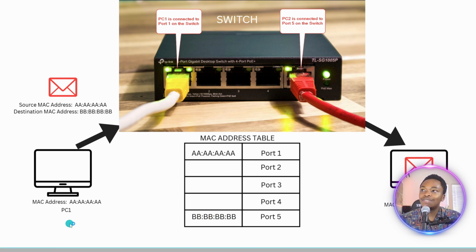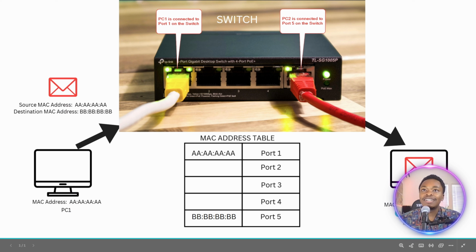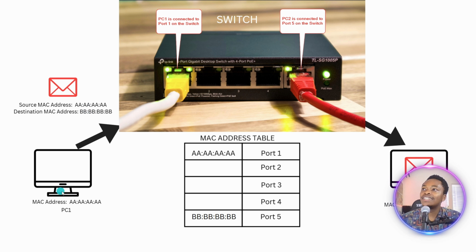So when PC1 is sending data to PC2, data packet inakuwa named as source MAC address ni A. So switch inajua A iliyo connected kwa port 1 ina send data, na hiyo data inakuwa sent wapi?